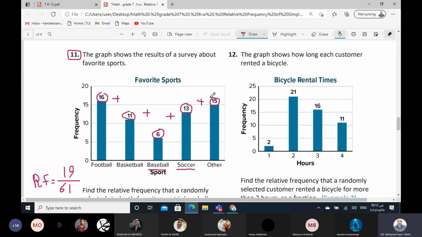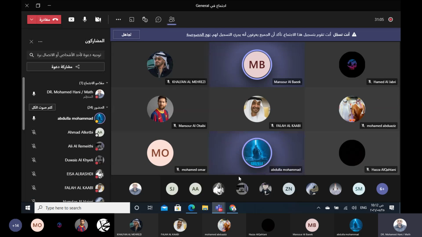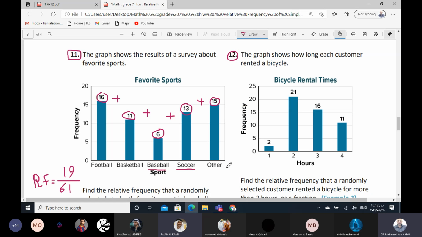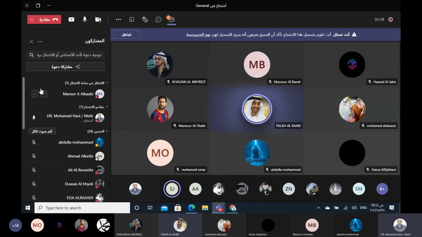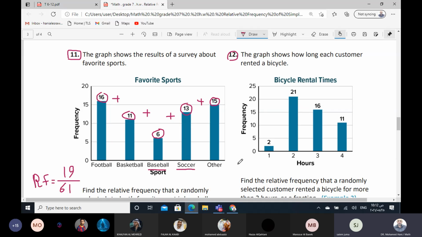Okay, who can read exercise number 12? Mister, can I read it? What is your name? Salem Juma. Okay, Salem, just wait, please. Okay, Salem, please.